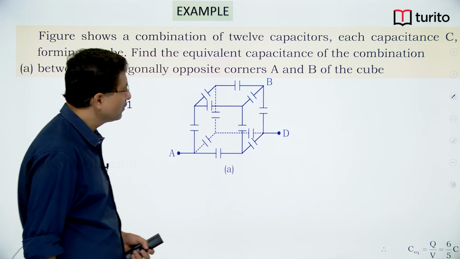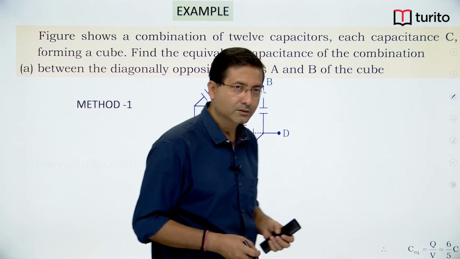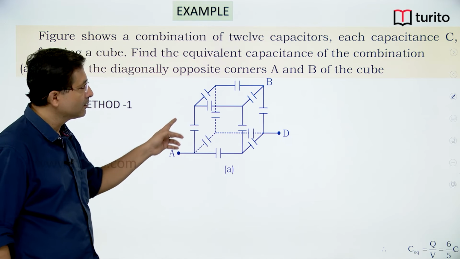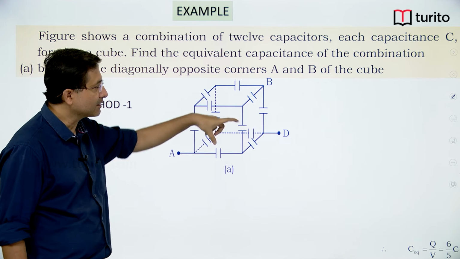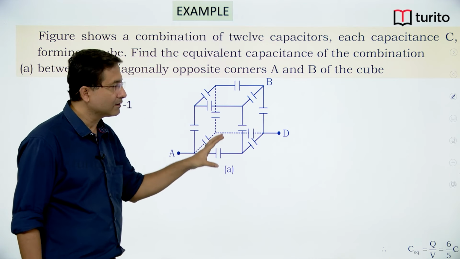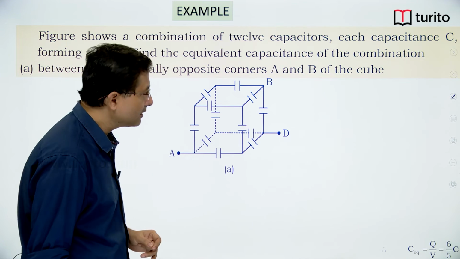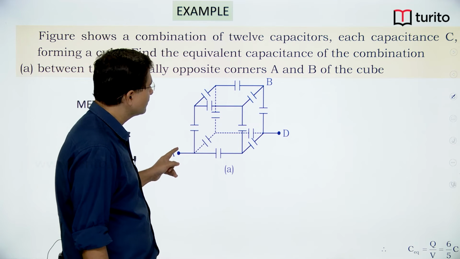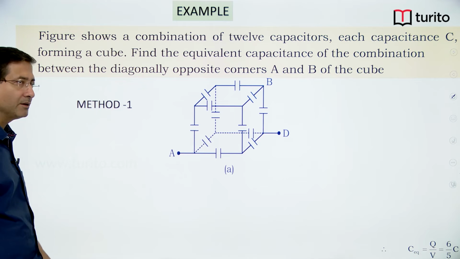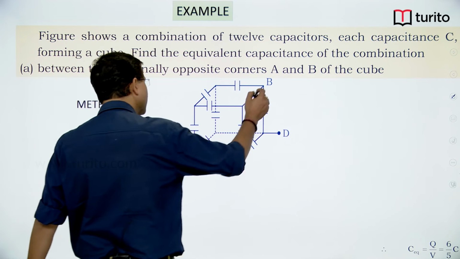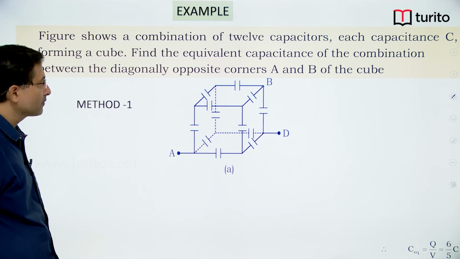So, on the 12 arms or 12 edges of a cube, we have capacitors connected. Altogether there are 12 capacitors connected, and according to the question we are interested in calculating capacitance between the diagonally opposite corners A and B. So, across these two I want to find out the equivalent capacitance, right.